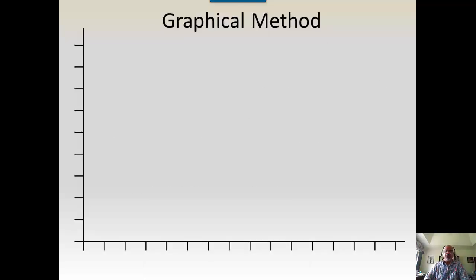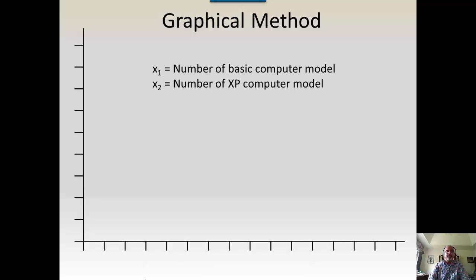So in the graphical method, of course, you have an x-axis and a y-axis, and we assign one of the two models to the x-axis and the other to the y-axis. So for example, x sub 1 would represent the number of Basic models, and we assign x sub 1 to the x-axis, and we assign x sub 2 to the y-axis, and that will represent the number of XP computer models.